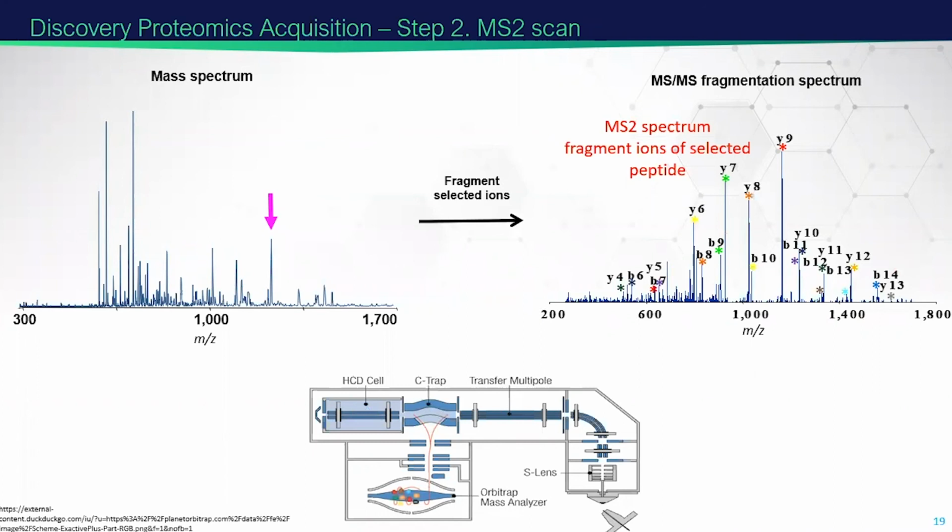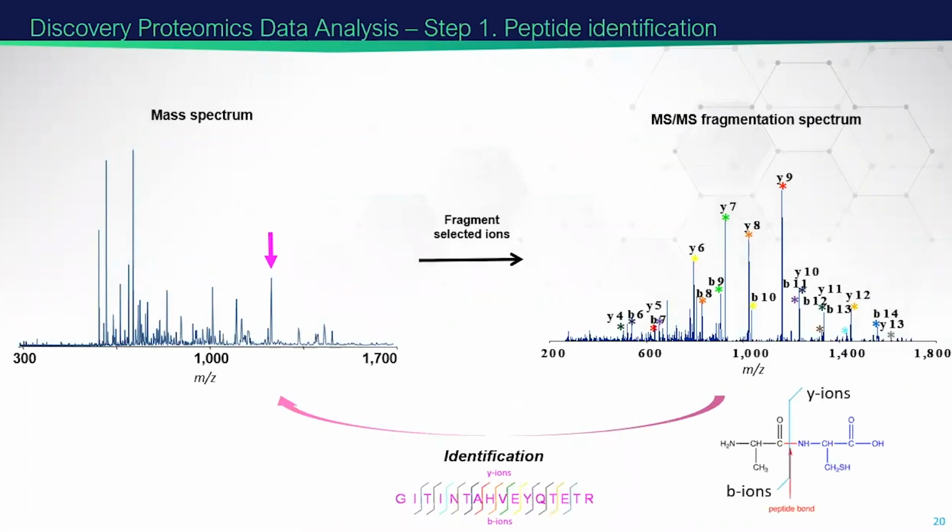So this is how we acquire the data in discovery proteomics, and now we are going to go through how we analyze the data. So you come to the MS2 spectra, and because the MS2 spectra is basically breaking the peptide bond, the fragment ions from the C-terminal end are called Y ions.